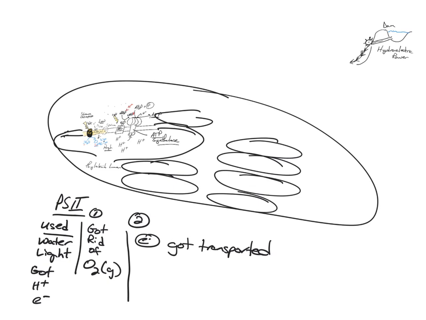Electron is transported down the electron transport chain. That's important. But that electron being transported allowed the hydrogen ions to concentrate, right, on one side. This transporting of electrons allows for hydrogen ions to become high on one side and low on the other.